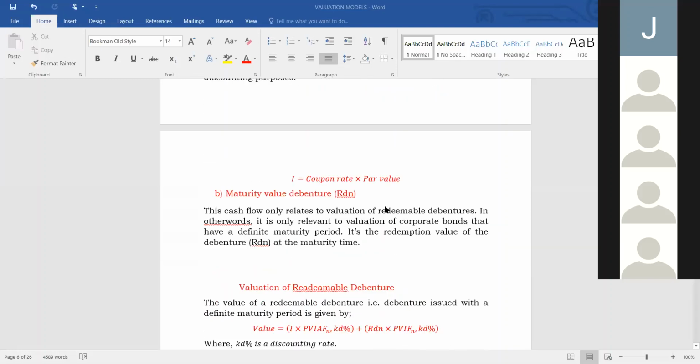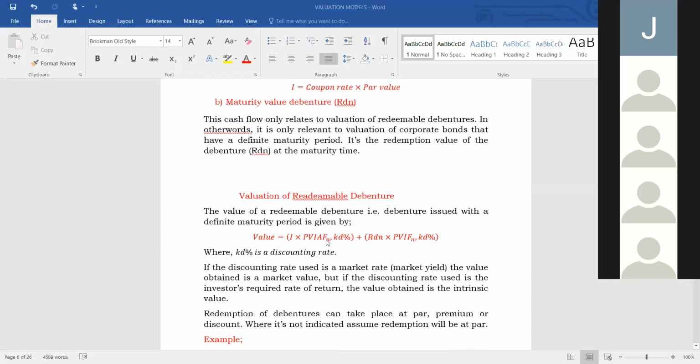If you can recall, this is the formula we used if a debenture is redeemable: interest times present value of the annuity factor at Kd%, plus redemption value times present value factor at Kd%. Redeemable bonds are those which are issued over a definite period.